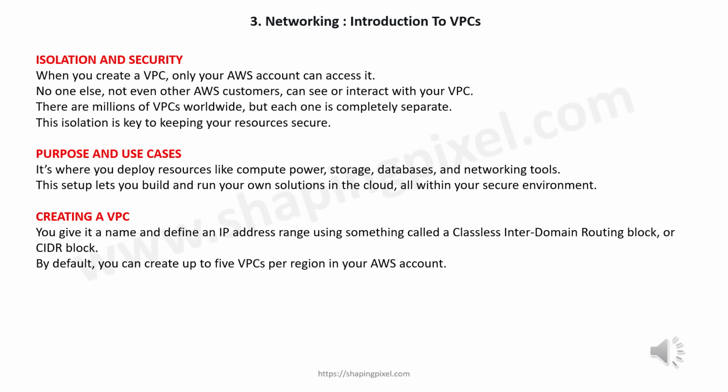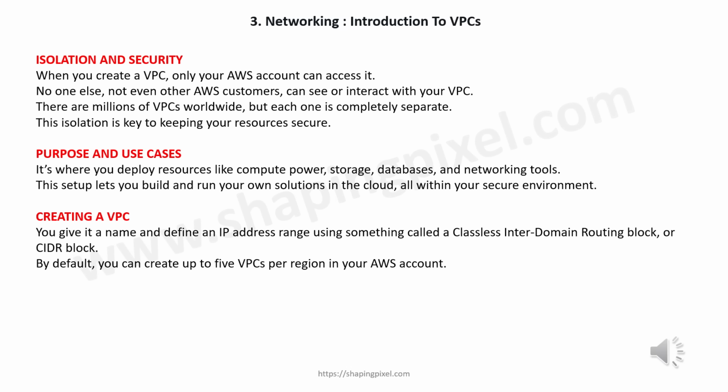So, what do you actually do with the VPC? It's where you deploy resources like compute power, storage, databases, and networking tools. This setup lets you build and run your own solutions in the cloud, all within your secure environment. Setting up a VPC is straightforward.